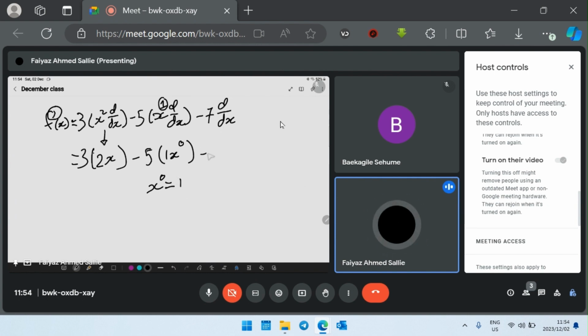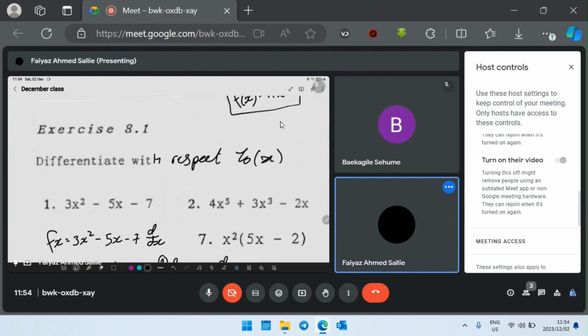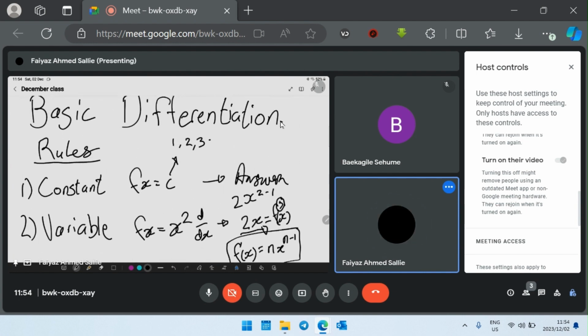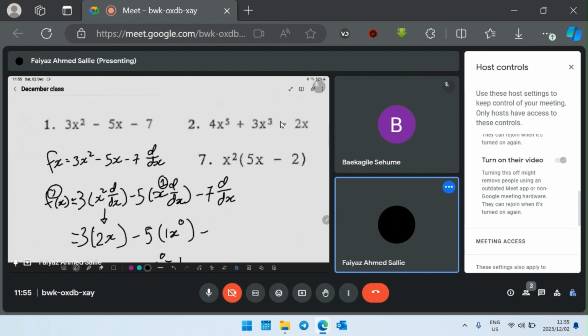Our next case, we have a constant. So we go back and look at what we should do if we are given a constant. If we are given a constant, our answer would be 0 for constants, right?